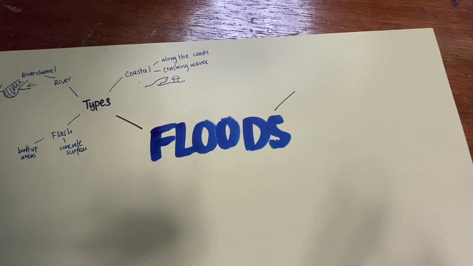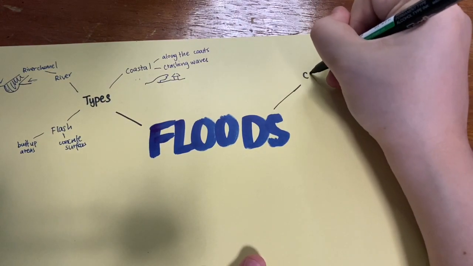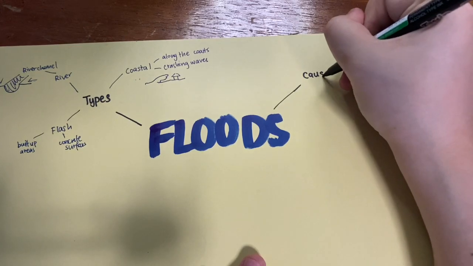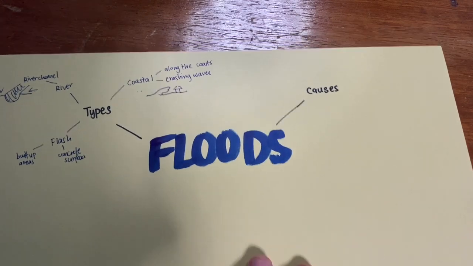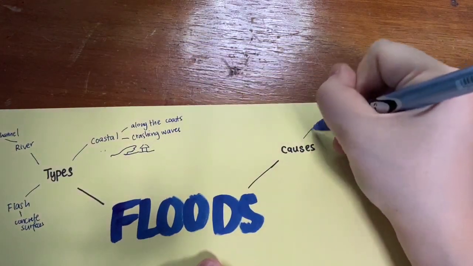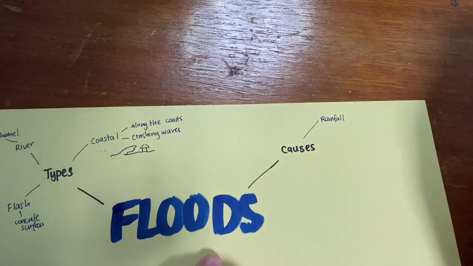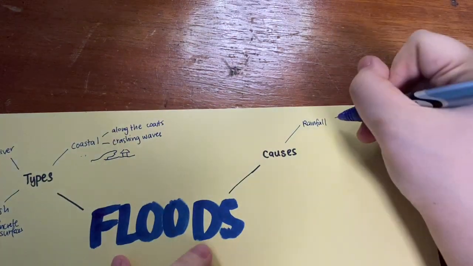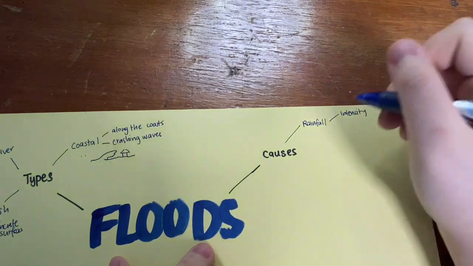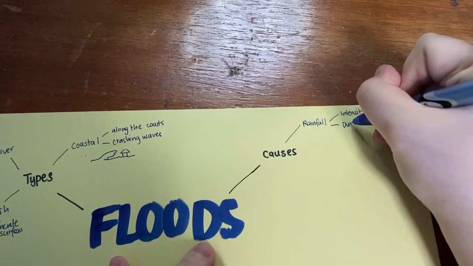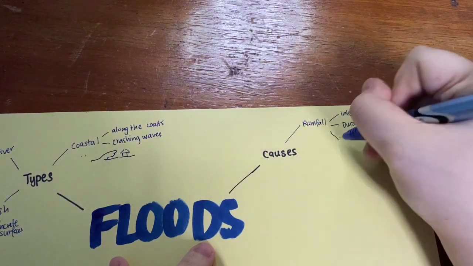For causes, there are 4 causes of floods. Firstly, rainfall, and rainfall is affected by 3 other factors: the intensity, the duration, and also the frequency.